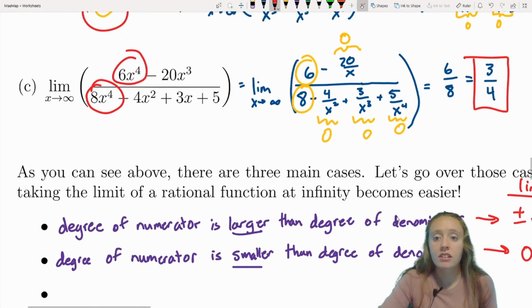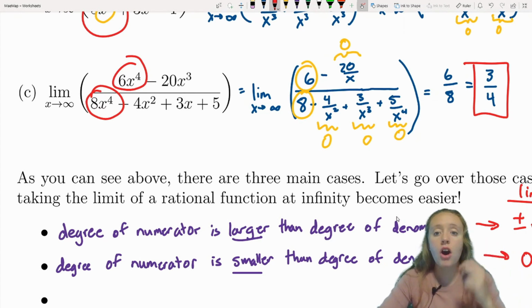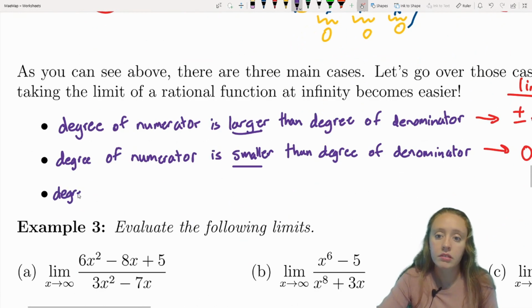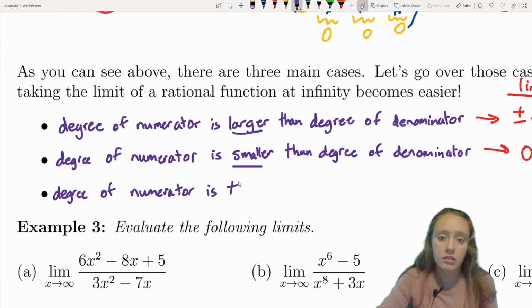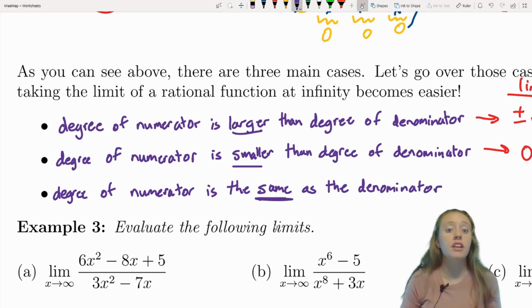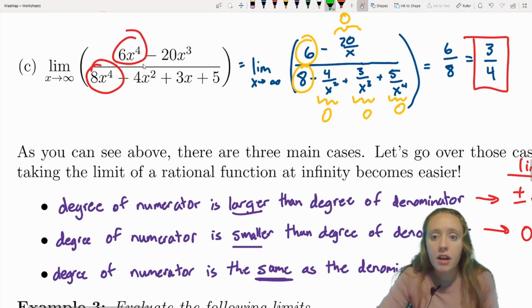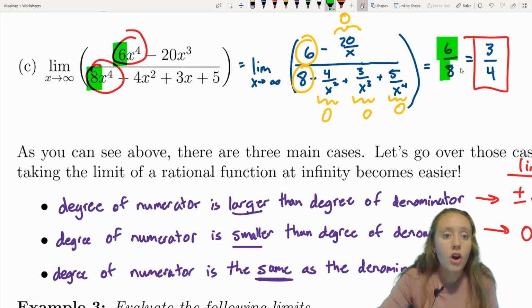And lastly, like in C, we have it where the degree of the numerator and the denominator are the same. So here I've written that the degree of the numerator is the same as the degree of the denominator. And when those degrees are the same, let's take a look at what happened. Our solution was the coefficient of that largest degree in the numerator over the coefficient of that largest degree in the denominator, 6 over 8.